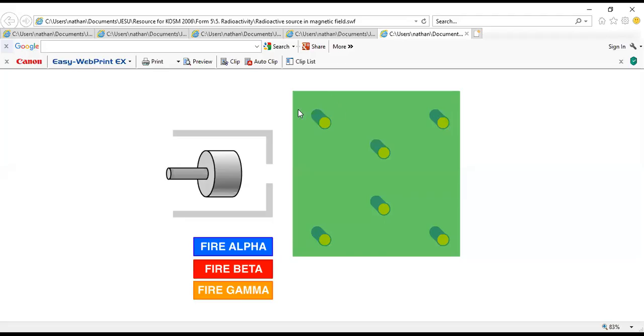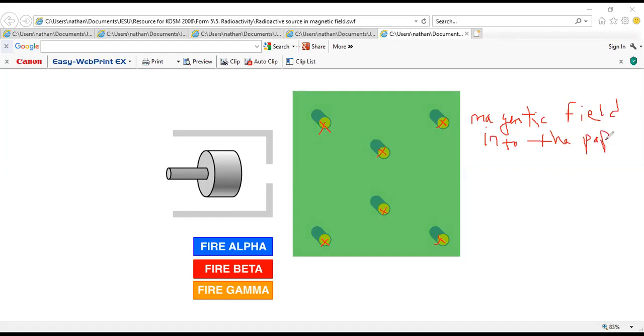Let's say this is your magnetic field, going into the paper.